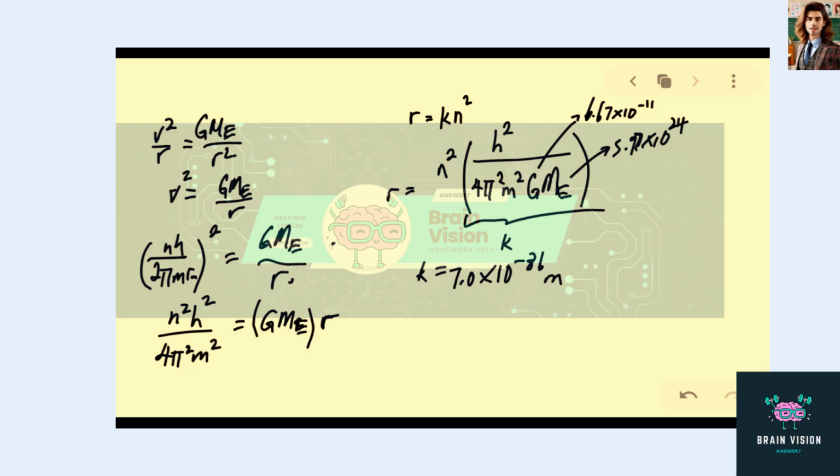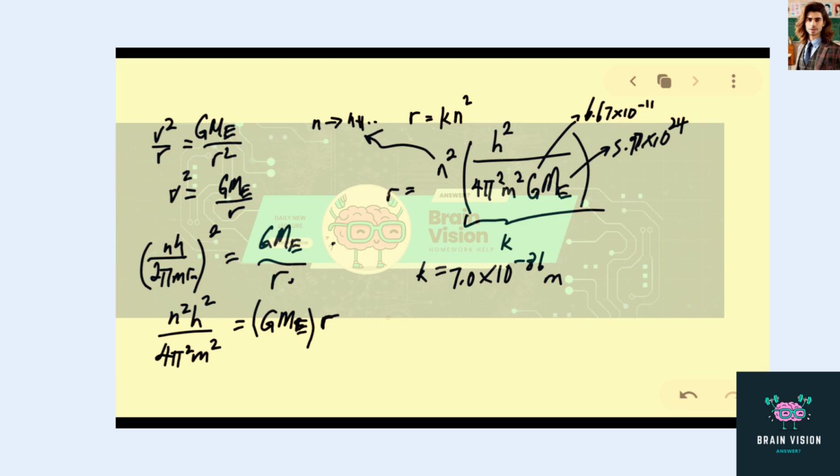Now, to find the distance between the allowed orbits in the satellite problem, we know that the orbits can only go from n to n plus 1, and so on, in integer steps.